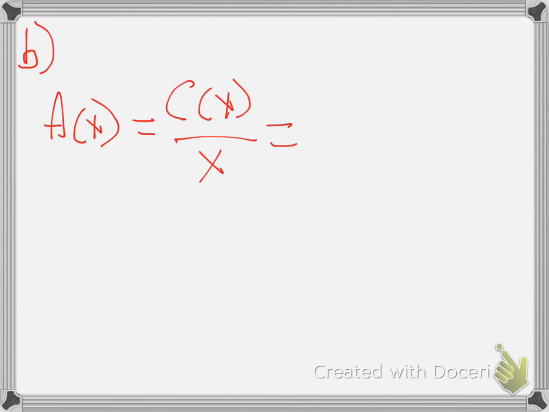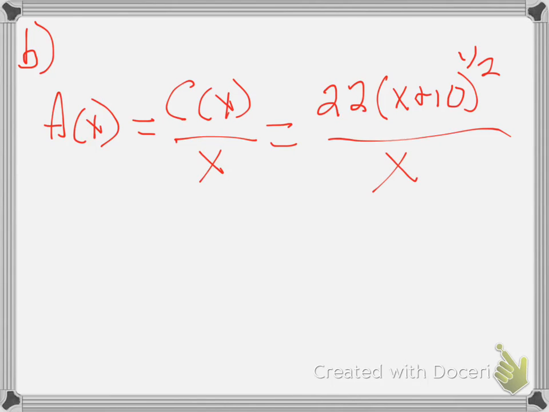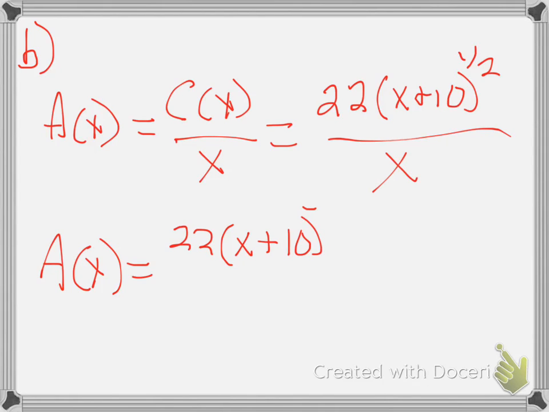So 22 times x plus 10 to the 1/2 power over x. That's the average cost function. That's really all there is to that. That's part B.